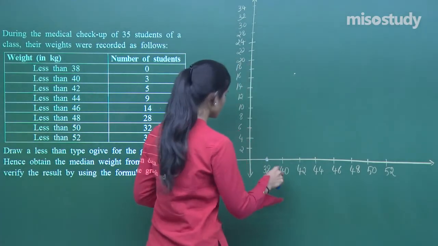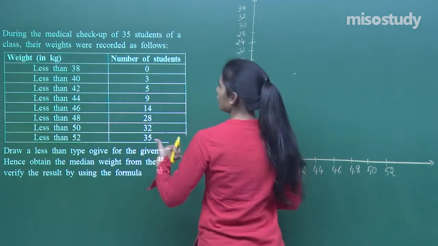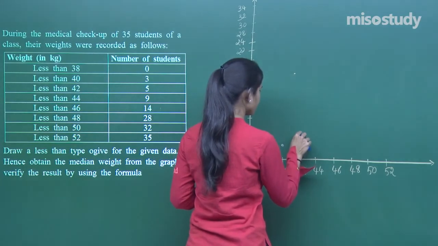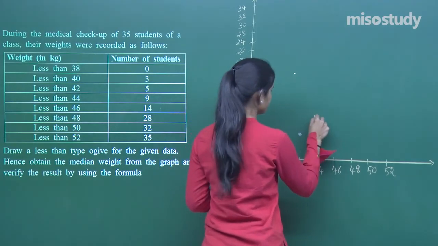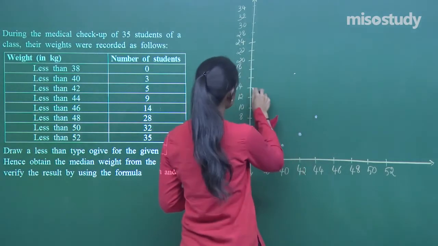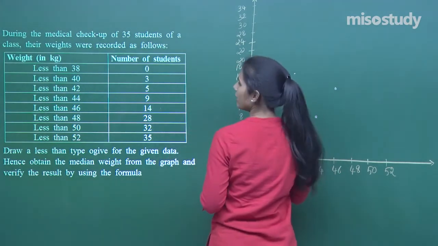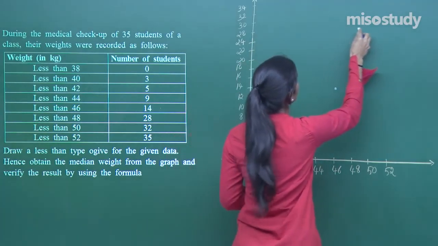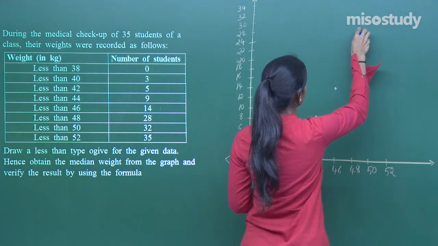Once I have this with me, let's just mark the points: 38, 0. 40, 3. Then you have 42, 5. Then 44, 9. Then 46, 14. Then 48, 28.